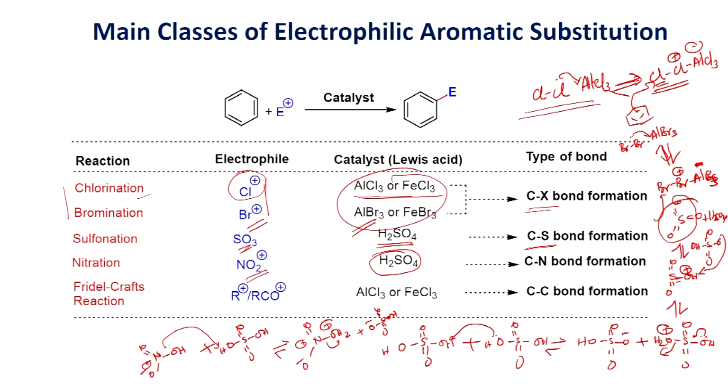This can lose a water molecule, and you will be able to form NO2 plus and a water molecule. Therefore, when you take nitric acid in the presence of sulfuric acid, it can generate the nitronium ion. In this way you can make the carbon-nitrogen bond, nitration, in the aromatic system.